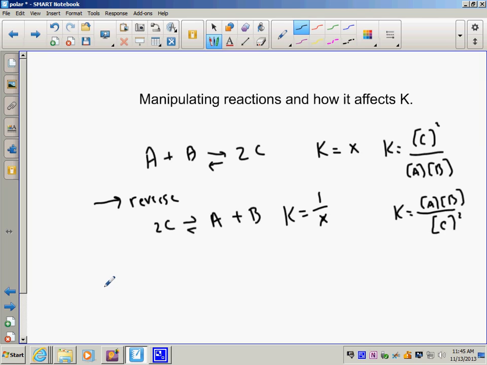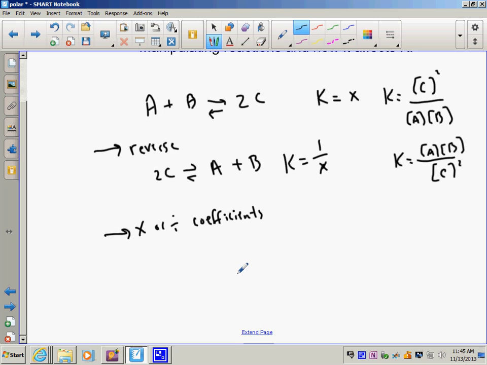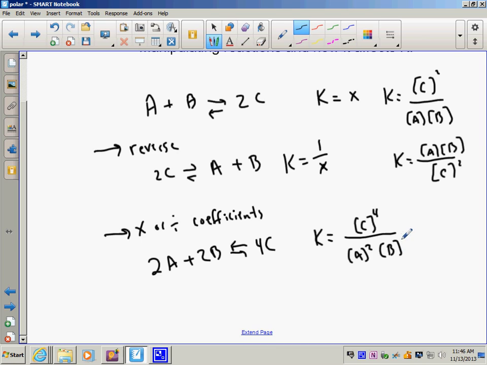Okay. Now, what if we were to multiply or divide the coefficients? Here's the deal. I can take the first reaction and go 2A plus 2B yields 4C. In this case, K is equal to the concentration of C to the 4th power over the concentration of A to the 2nd power and the concentration of B to the 2nd power.